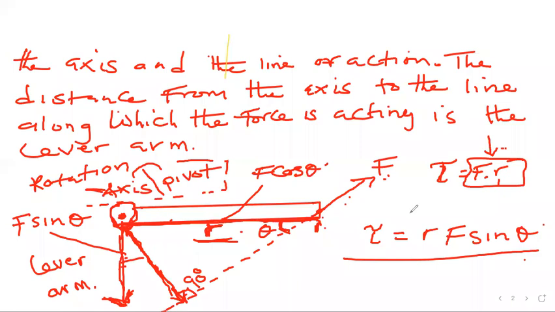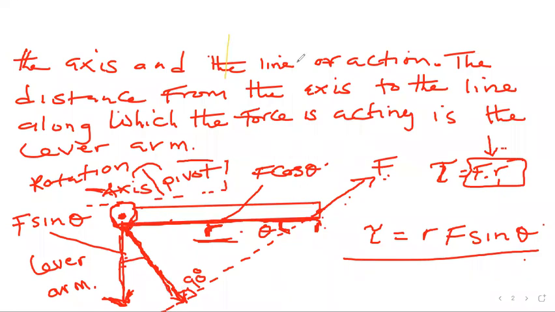So the lever arm and the radius are two different things, but they are the same in terms of both being lengths, both being distances. The lever arm is simply a perpendicular distance to the force.